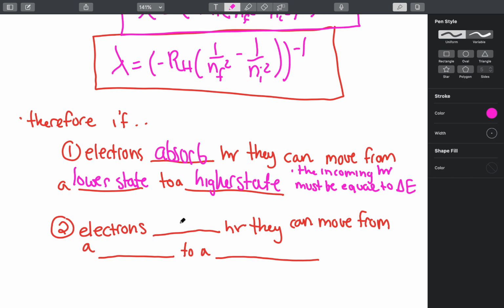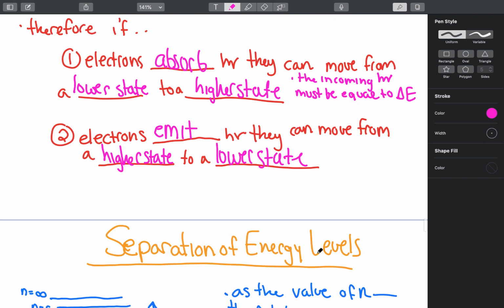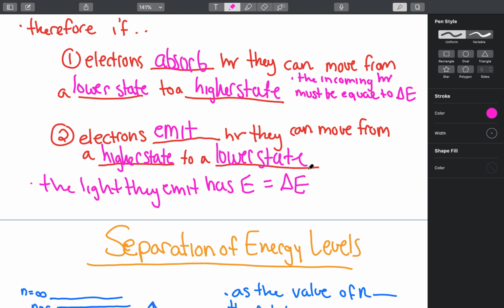And if electrons emit light, they can move from a higher state to a lower state. And the light that they emit has an energy equal to the energy difference between the two states. So this sort of summarizes what we discussed up to this point.